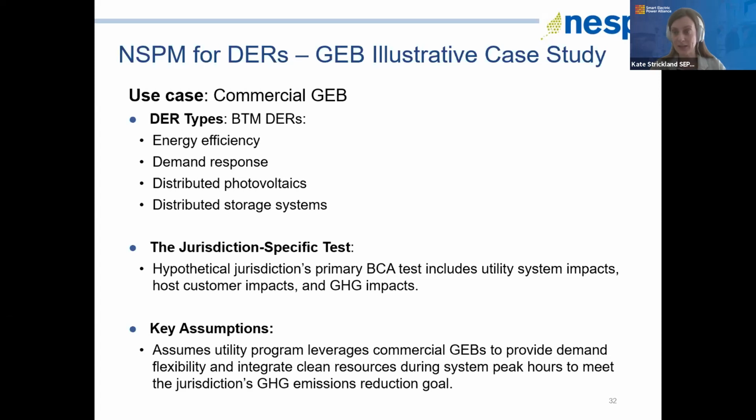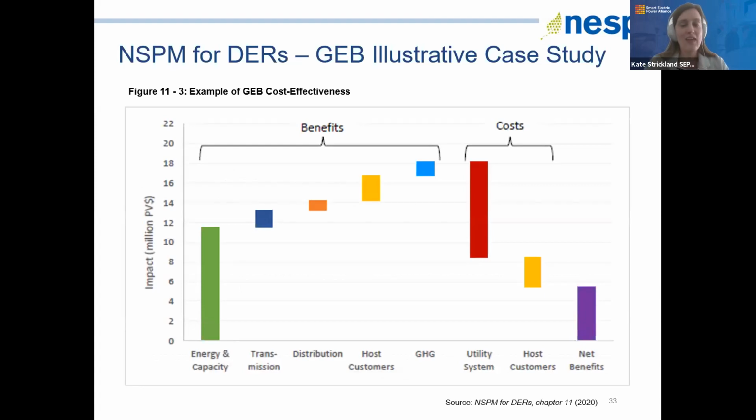Key assumptions at play here for our case study are assuming that the utility program is leveraging the commercial GEB to provide demand flexibility and to integrate clean resources during system peak hours to meet that jurisdictional greenhouse gas emissions reduction goal. Moving on to the next slide, please. Here we have in figure 11.3 an example of GEB cost effectiveness.